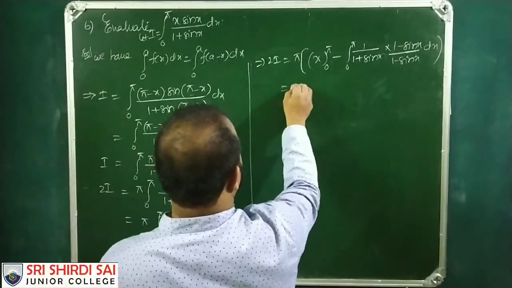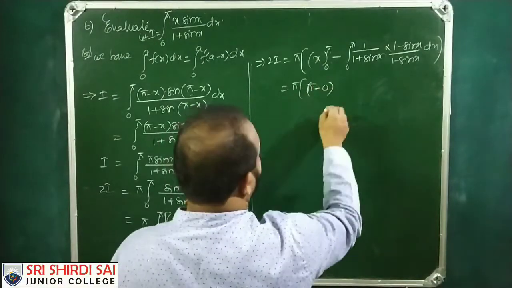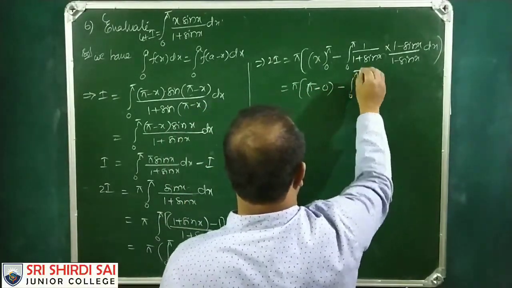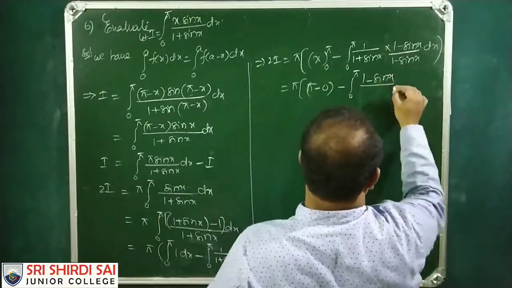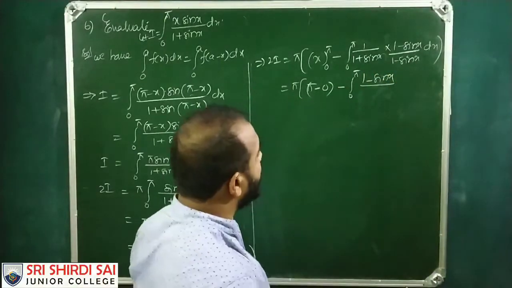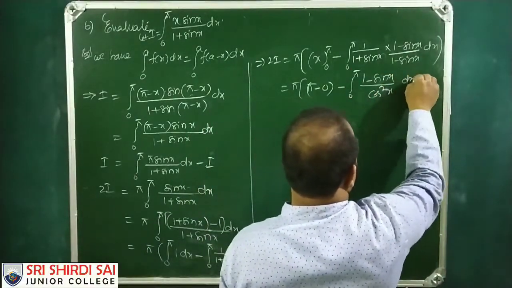So this is equal to pi, substitute upper limit pi minus substitute lower limit, minus 0 to pi 1 minus sin x by, a plus b into a minus b is a square minus b square, so 1 minus sin square x is cos square x dx.